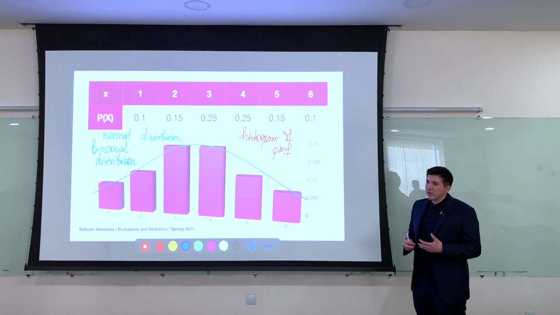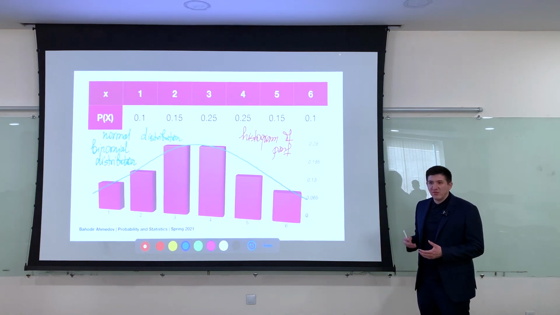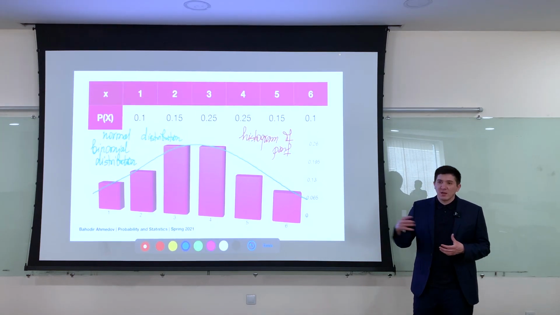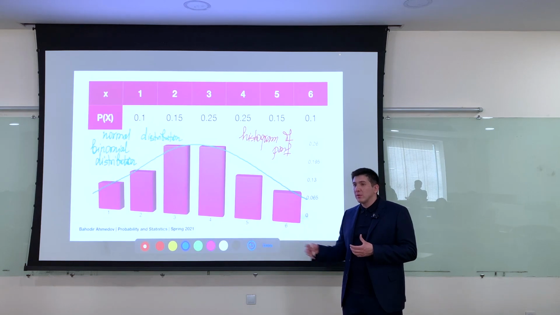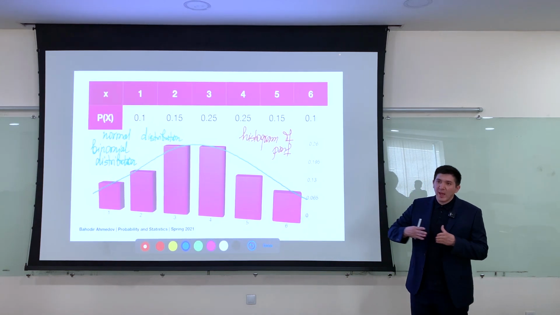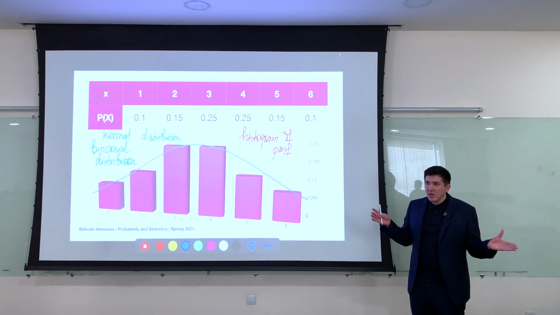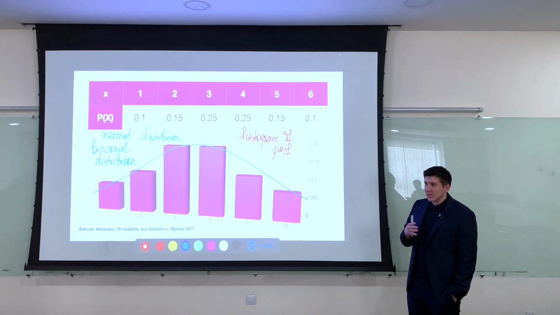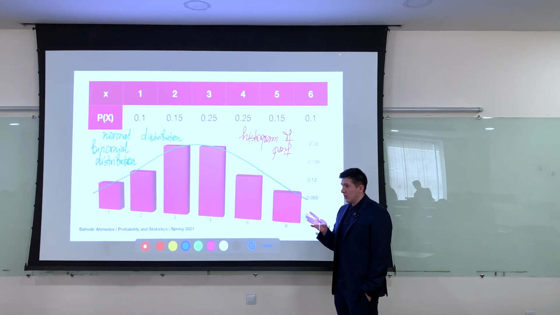So in terms of functions, this function is very limited. It has values for only 6 points. And we can't really go into the continuous case, where we have infinitely many values for the function, using the PMF because it has limited values.